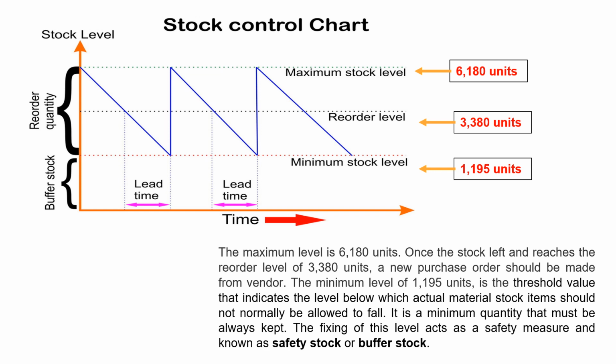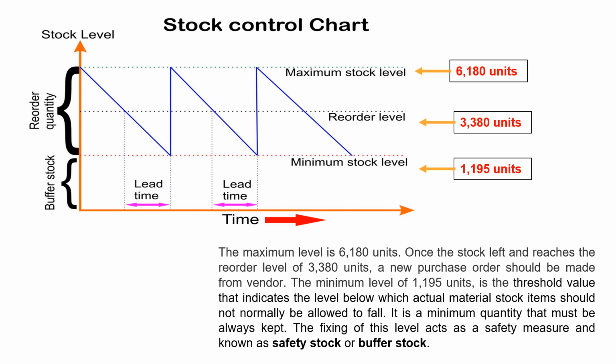So at the end, you must ensure that you hold this quantity of material in your hand, because if the material falls below the minimum stock level, then the company will have a risk of understocking, which might lead to delay in the production.